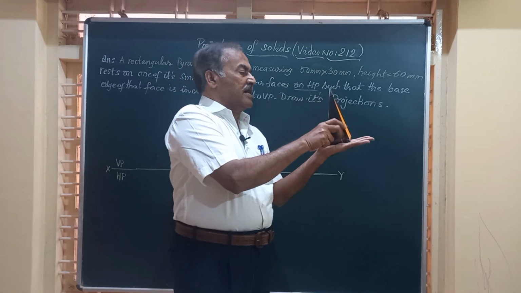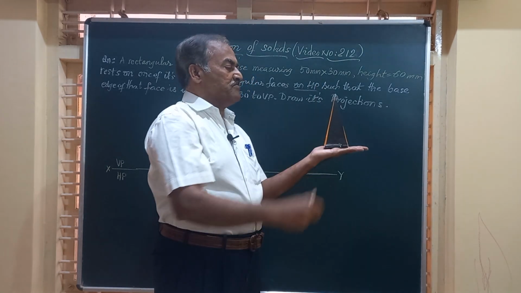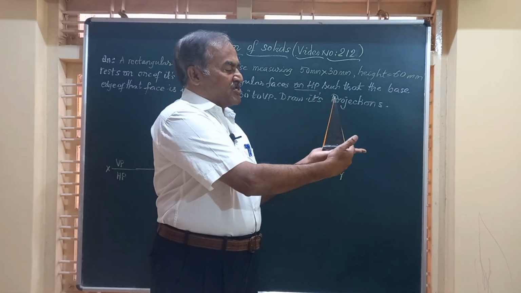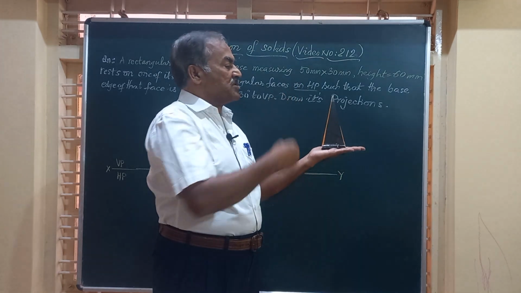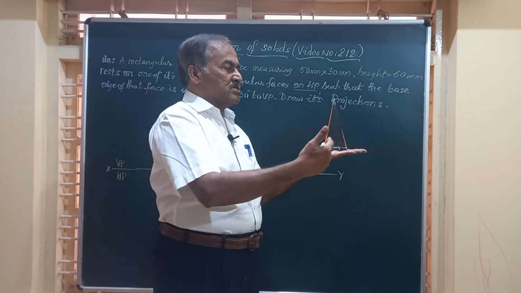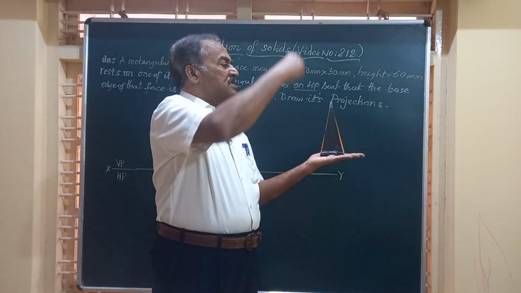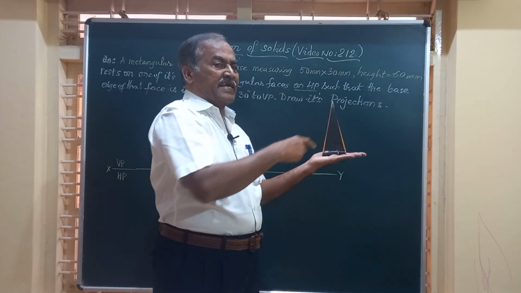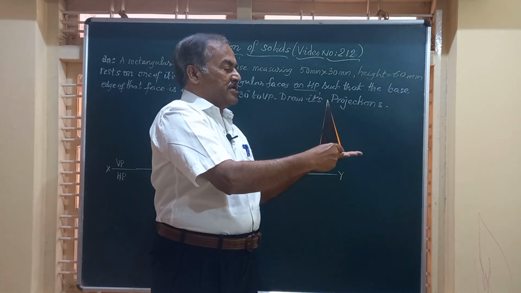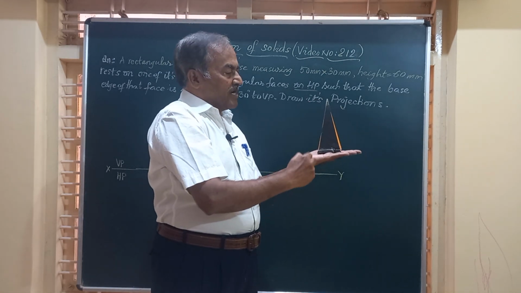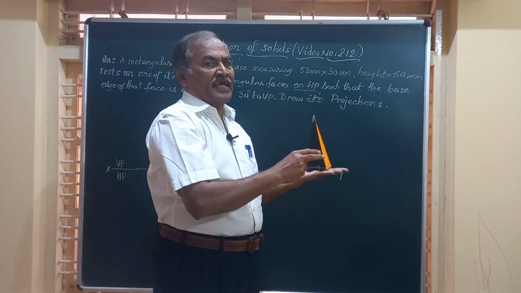So friends, I place the pyramid on HP such that one of the shorter edges, which has a measurement of 30 mm, is perpendicular to the VP. So friends, in the top view, you obtain a rectangle with the vertex joined to all four corners, and in the front view, you get a triangle.